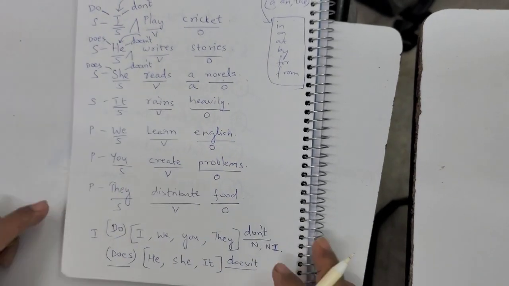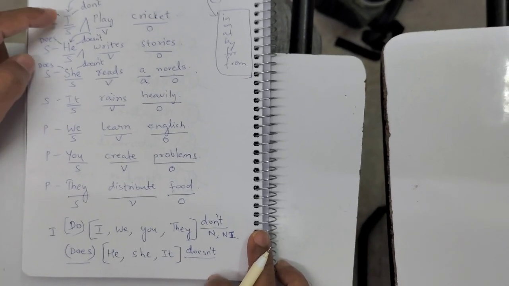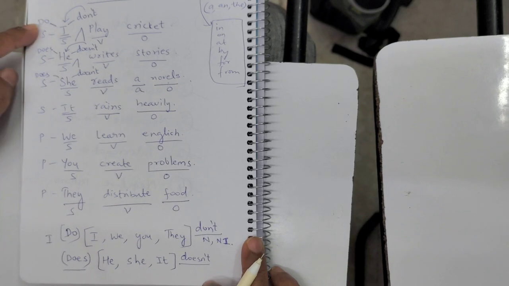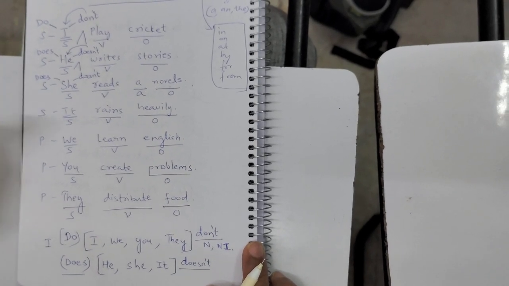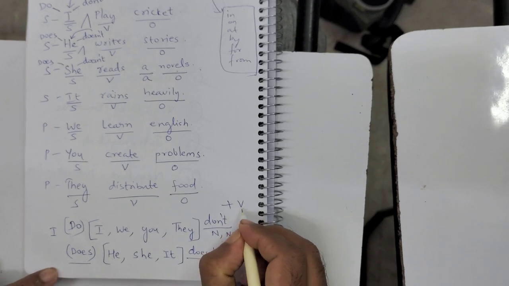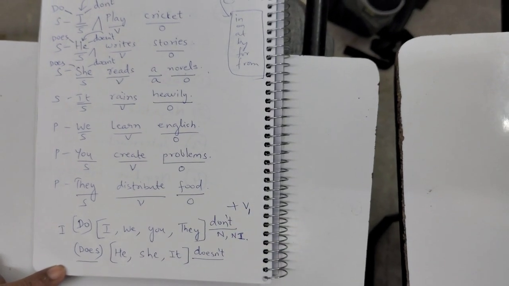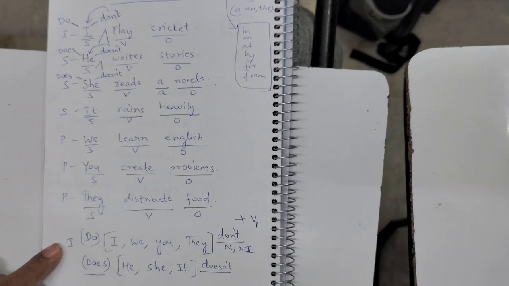One important point you should remember: whenever you are using the D family, like do, does, doesn't, or did not, whatever the subject, you have to use the first form of the verb, V1 only. It rains heavily.